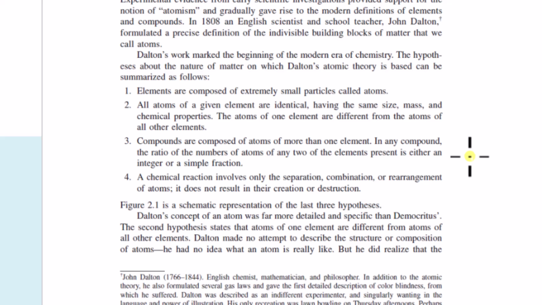Okay, now with hypothesis 3, we want to think about, when they would combine these elements in reactions, it was really more than just getting integer values when they compared the ratios of the elements. They were also getting simple fractions.